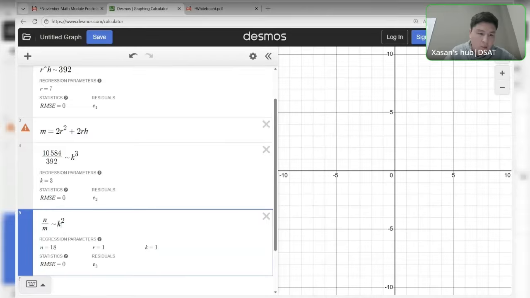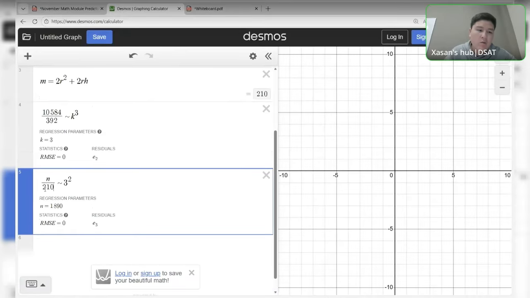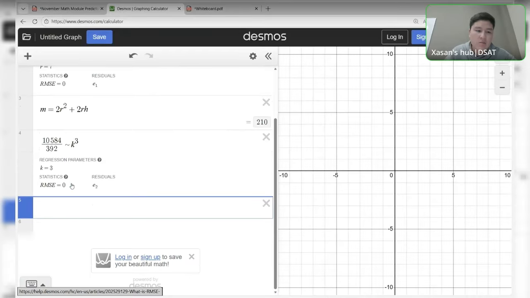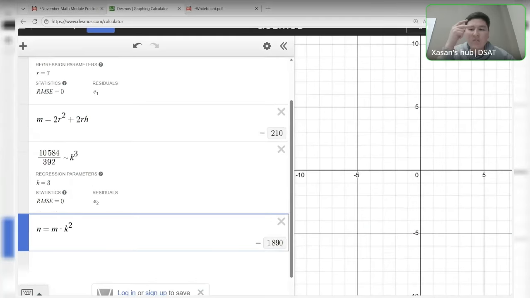We have to write the values of k here as well, m is 210. And you can just write it in the first way, m multiplied by k squared.